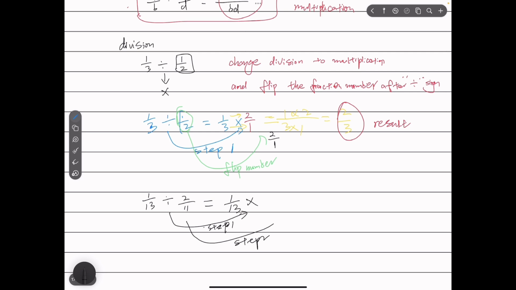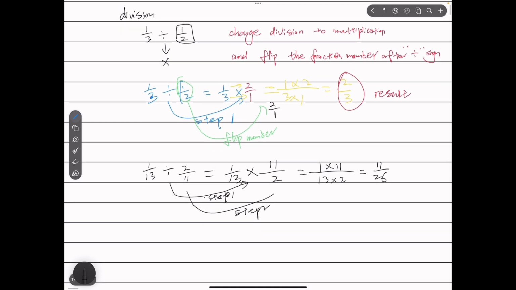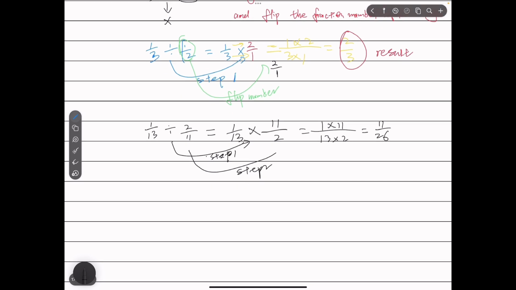Step 2, flip the number, which will be 11 over 2. Step 3 is bottom times bottom, top times top. So 11 over 26.